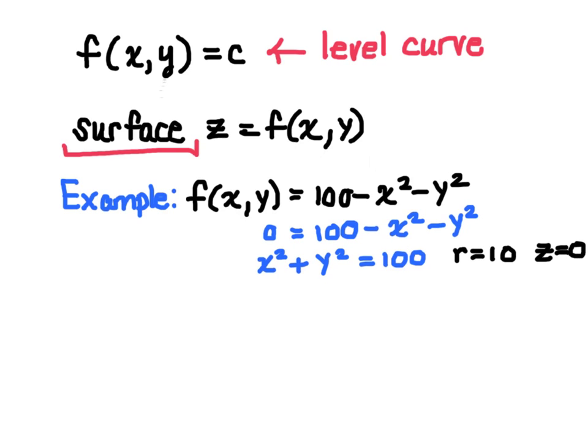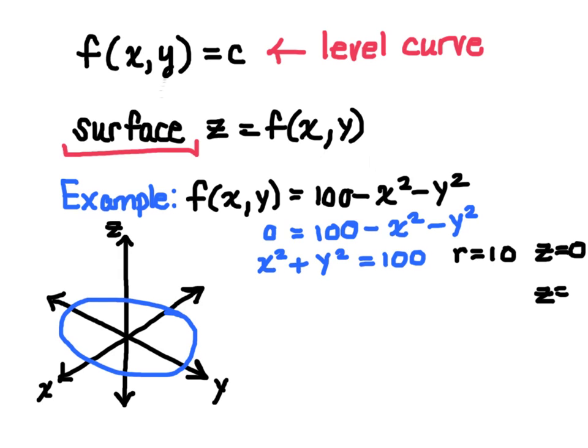I'm going to draw the z-axis over here. This is our height. And then let's see, we're going to throw a 64 in there. So z is going to have a value of 64. Well, if z has a value of 64, we have 64 is equal to 100 minus x squared minus y squared.